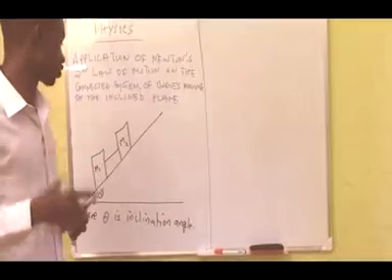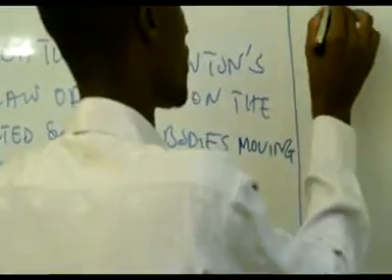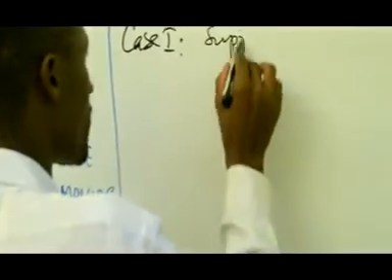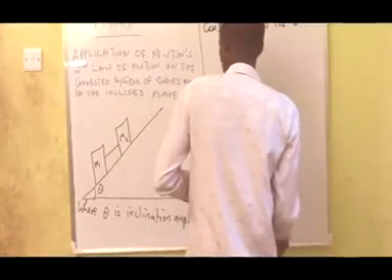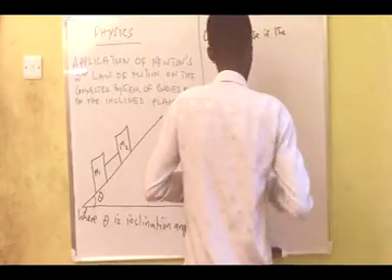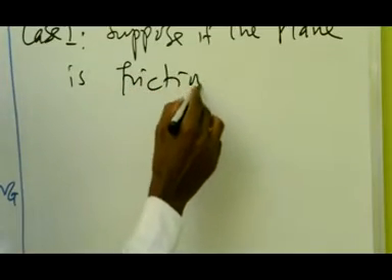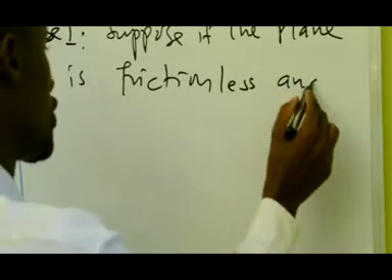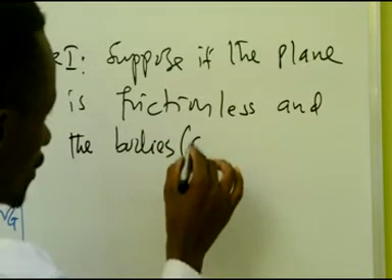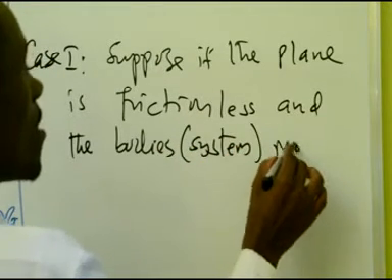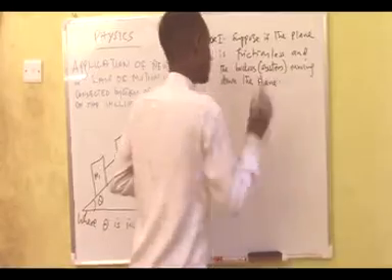Here we shall consider two cases. Case one, suppose the plane is frictionless and the bodies or system moving down the plane.